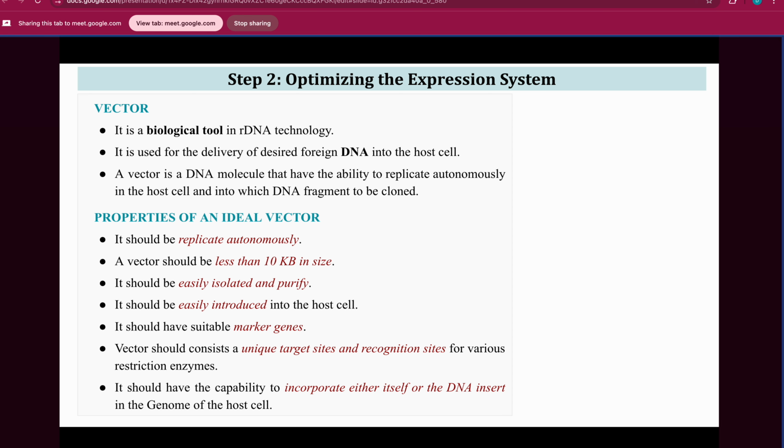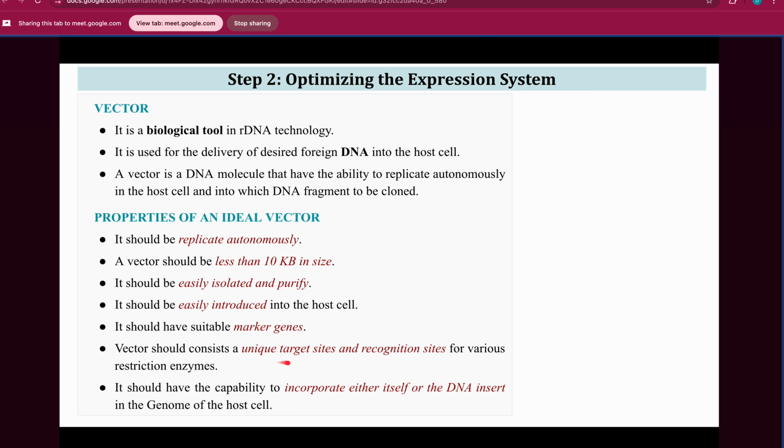In such a case, where we want to distinguish whether the plasmid contains our gene of interest or not, marker genes are very important because they will mark the plasmid. So that we can distinguish whether it is a recombinant plasmid or a normal plasmid which does not have our gene of interest. So that is one of the properties.